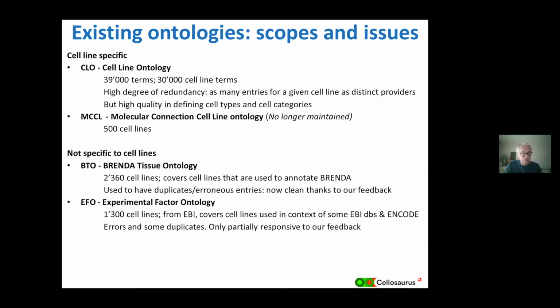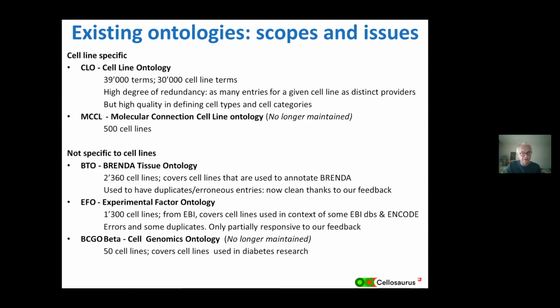Then there are 2 small other resources: a beta cell line ontology, which is not maintained and was only for diabetes research. And of course, the oldest ontology in the life sciences, MeSH, but MeSH only describes 25 cell lines, and basically it's just anecdotal that there are cell lines in MeSH.